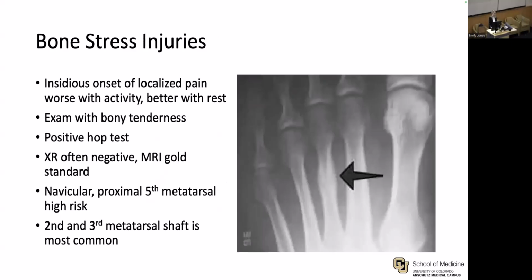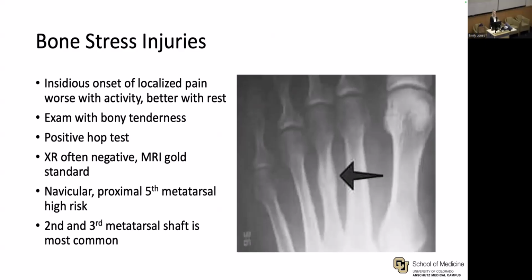And then just to touch on bone stress injuries, this is going to be an insidious onset of localized pain that is worse with activity and weight bearing and better with rest. The exam, you'll have bony tenderness. I always do a hop test if I can. So that's when you have them stand on the affected foot and ask them to hop on it.